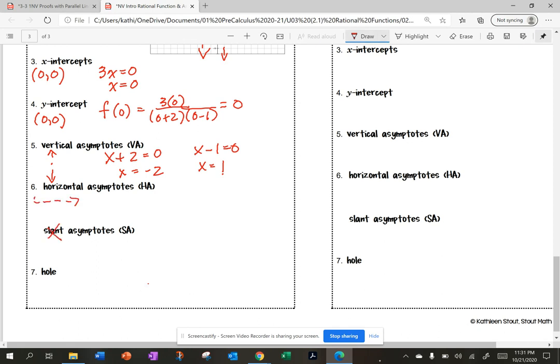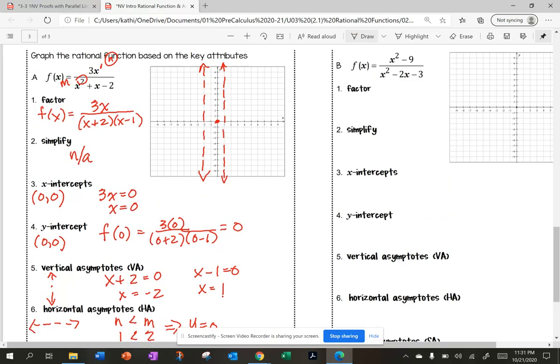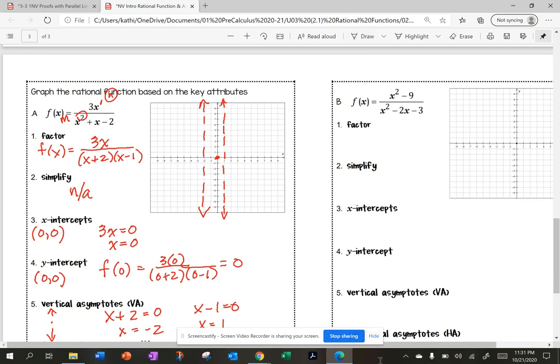That tells me my horizontal asymptote is at y equals 0, which is the x-axis.